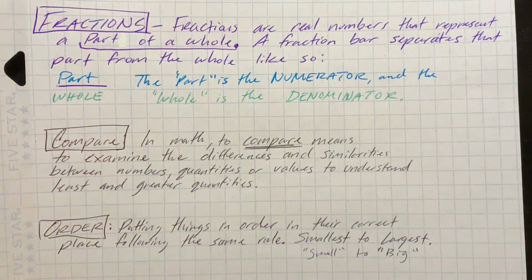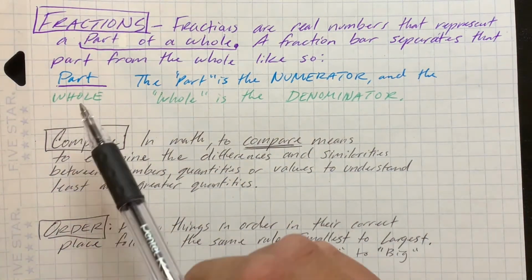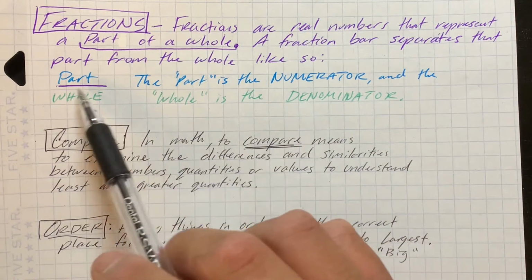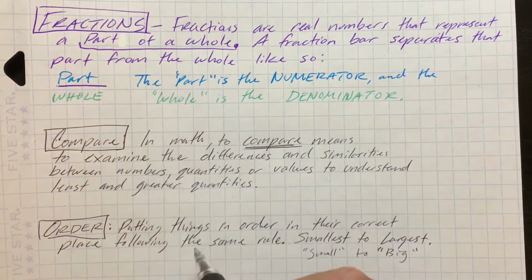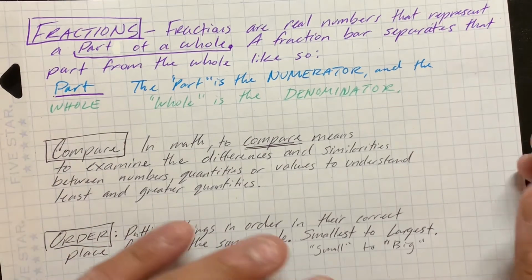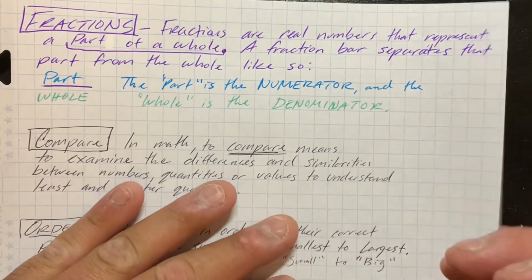All right, so to continue, we have fractions, and fractions are real numbers that represent a part of a whole. A fraction bar separates the part from the whole, like so. So your part is always going to be your numerator, okay? The whole is going to be the denominator. So for an example, let's say that we buy a large pepperoni pizza.